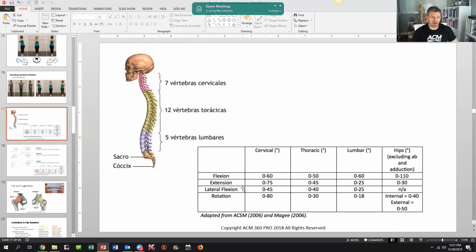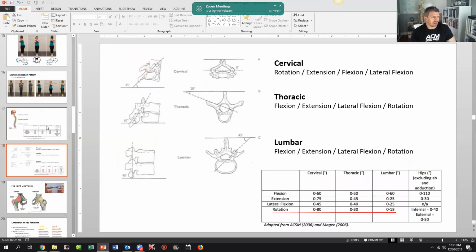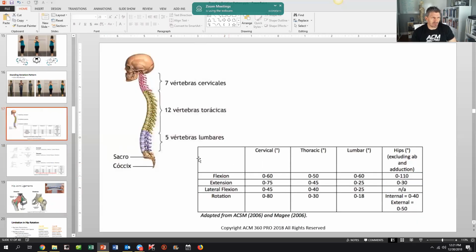But here, I'll actually change this slide. I have the same diagram here, but understand we're looking at vertebrae. The components of movement relative to the level of the vertebrae, cervical, thoracic, or lumbar, are based on how much flexion in the cervical spine, how much extension, how much lateral flexion tilting to the side, and how much rotation.